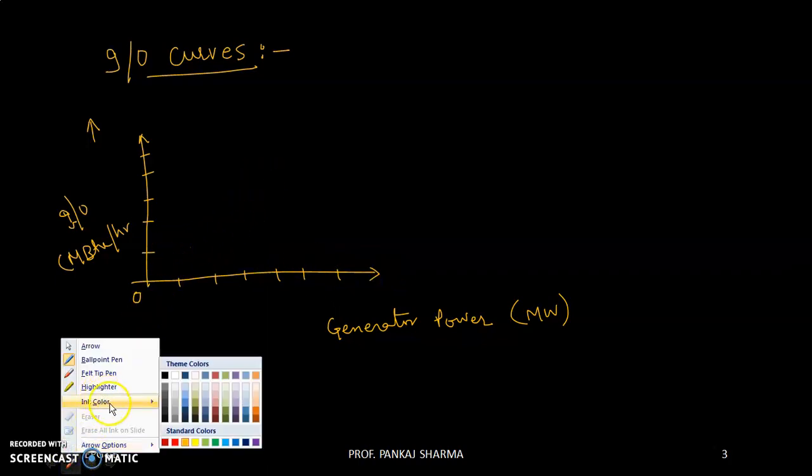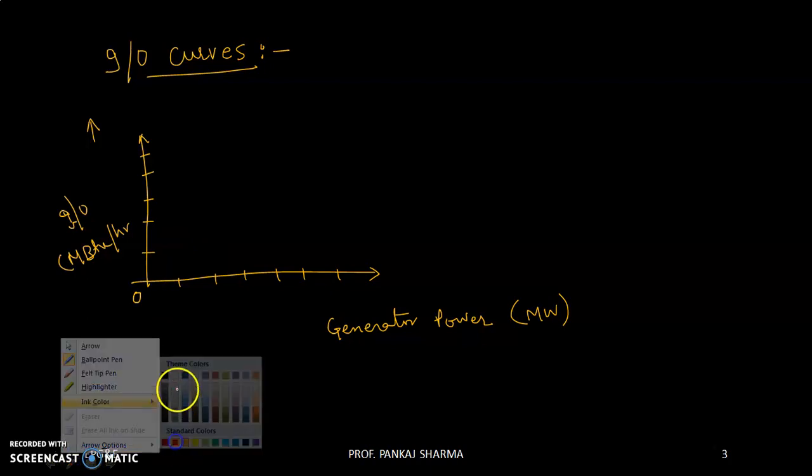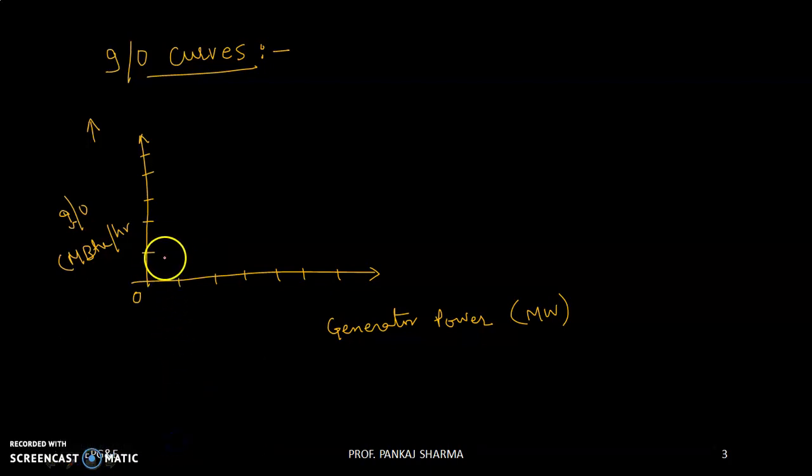Let us use a different color to understand it better. If the curve is like this, it is the input output curve.